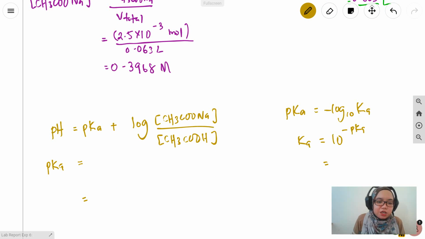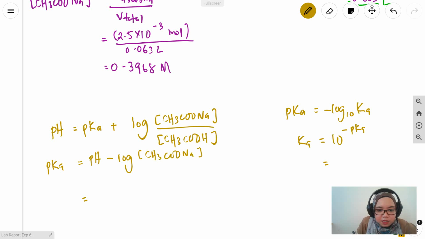You know that pH is equal to pKa plus log concentration of salt divided by concentration of acid. So here pKa is actually equal to pH minus log concentration of CH3COONa divided by concentration of CH3COOH.